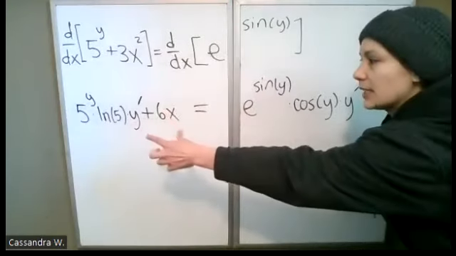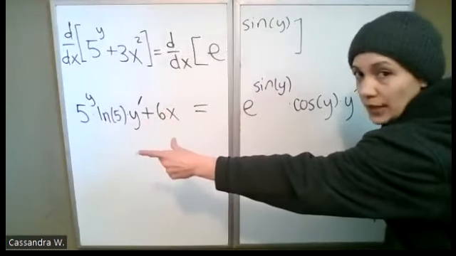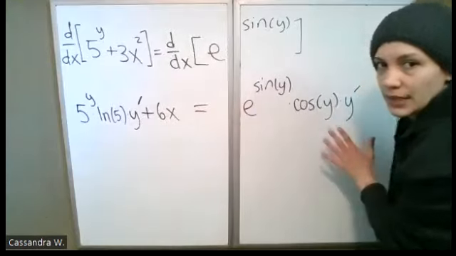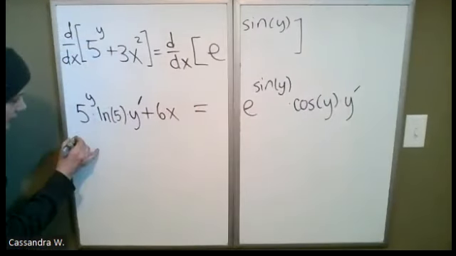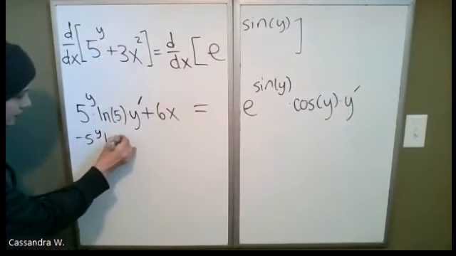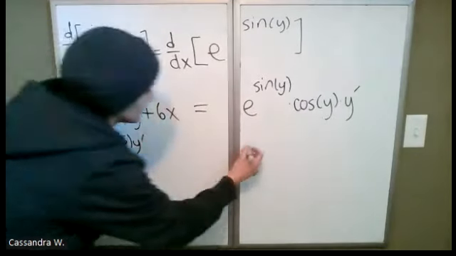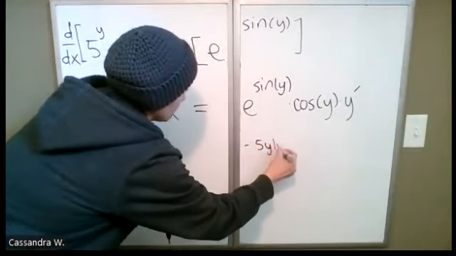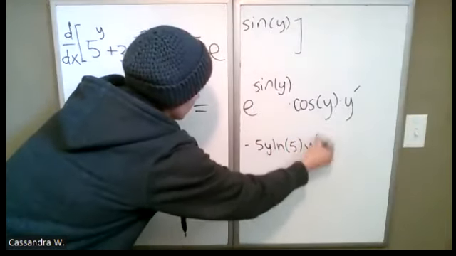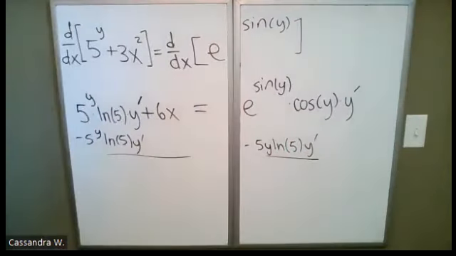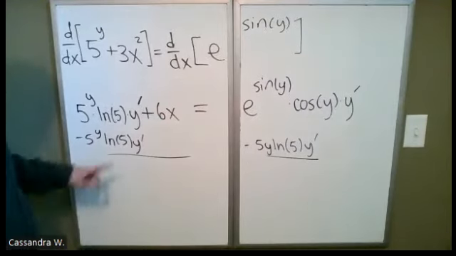Okay, let's subtract this 5 to the y ln of 5 times y prime from both sides, and I'll get them both together. We're at 6x equal to.